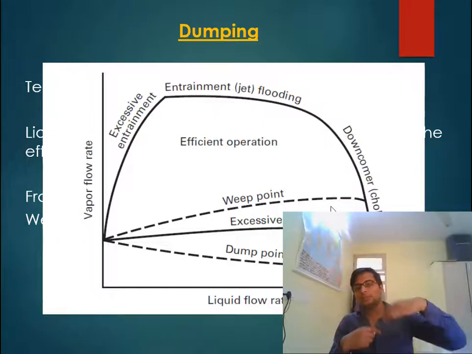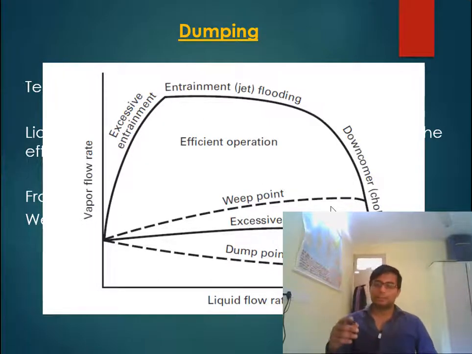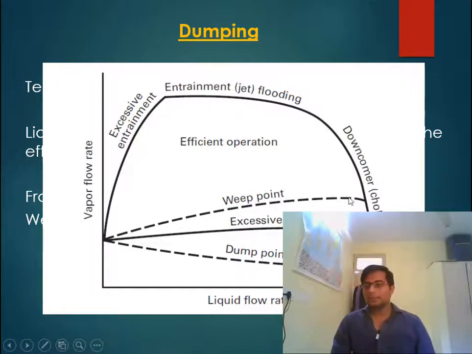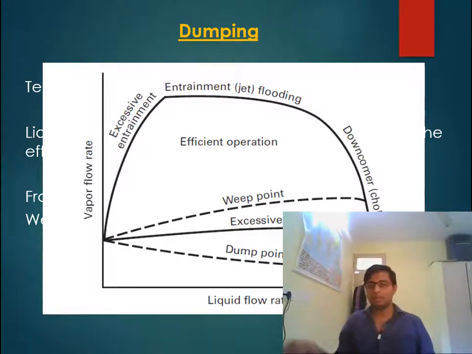When liquid flow rate goes high, it leads to high crest height, and high crest height basically increases the hydraulic tray pressure drop. Okay. So because of that reason, chances of weeping go high. But in the case of dumping, none of the liquid is flowing over the weir height.